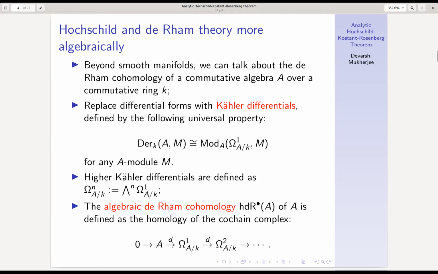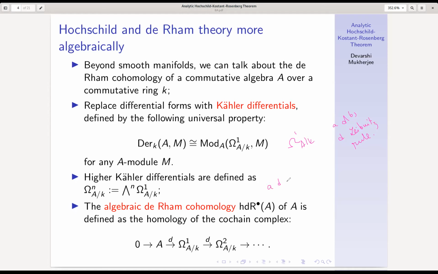If you never saw this explicitly, it is the A-module generated by symbols of this form, where d satisfies the Leibniz rule. Then you can define higher Kähler differentials by taking exterior powers of this.